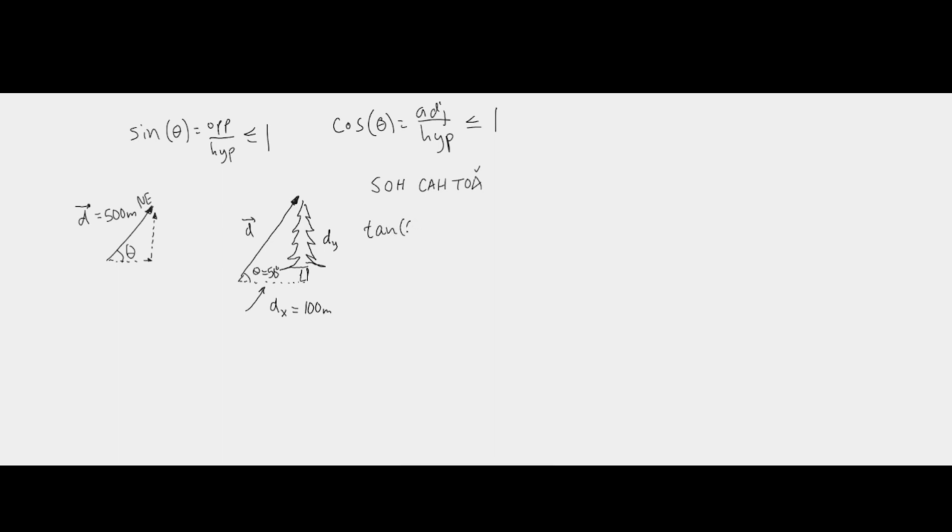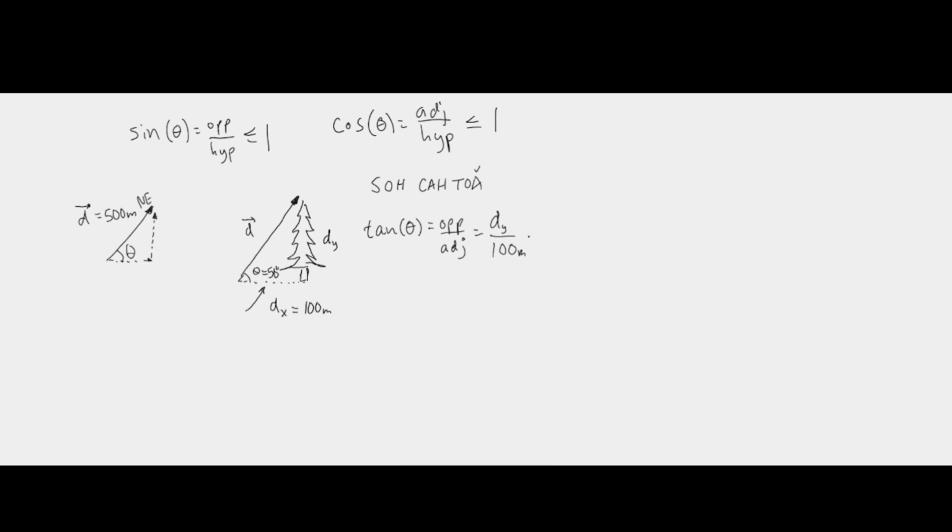The tangent of an angle is equal to the opposite over the adjacent side. And those sides are all with respect to the angle theta. So the opposite side is d sub y, and the adjacent side we said is dx, so that is 100 meters.